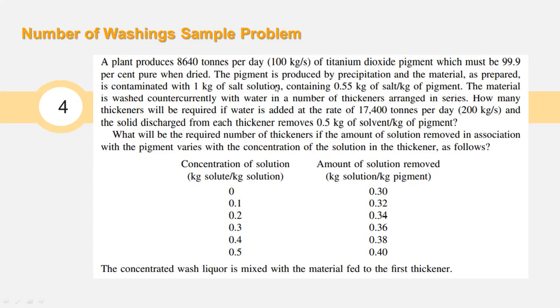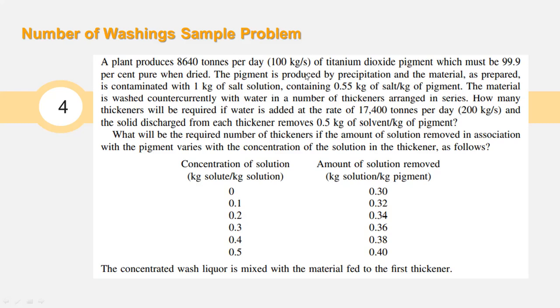The pigment is produced by precipitation, referring to the titanium dioxide and the material as prepared. When the material was prepared and the precipitate produced, it is contaminated with 1 kilogram of salt solution containing 0.55 kilogram of salt per kilogram of pigment.